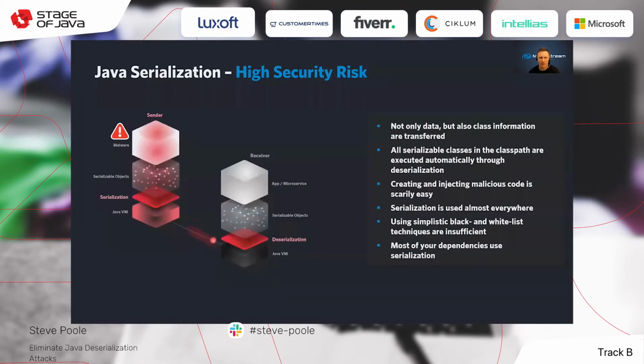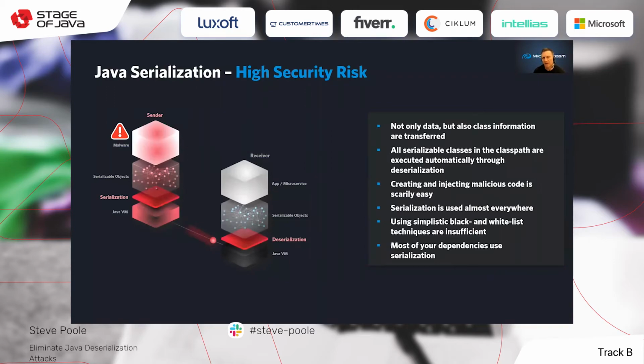Again, in a nutshell, what are the biggest mistakes of Java serialization? It's a high security risk because Java serialization not only transfers data, but also transfers class information, and all serializable classes in the classpath are executed automatically through deserialization.